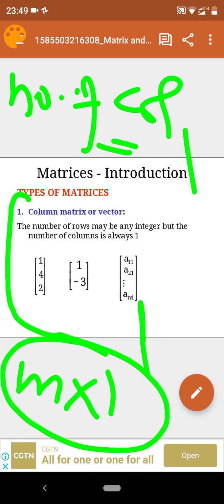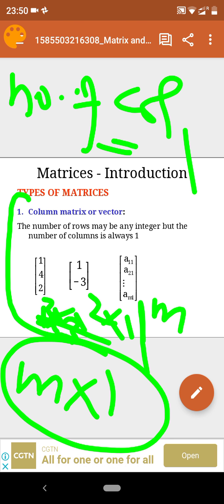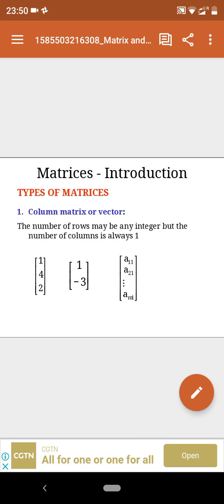The first one has 3 rows and 1 column, so its order is 3 by 1. The next one has 2 rows and 1 column, so order is 2 by 1. The last one has m rows and 1 column, so the order is m into 1, right?